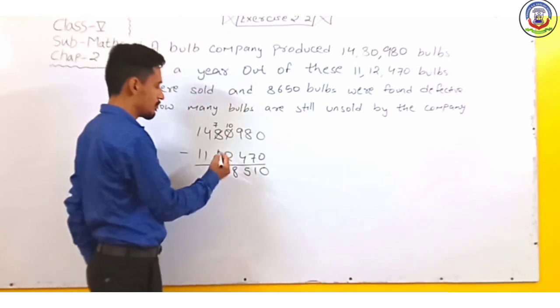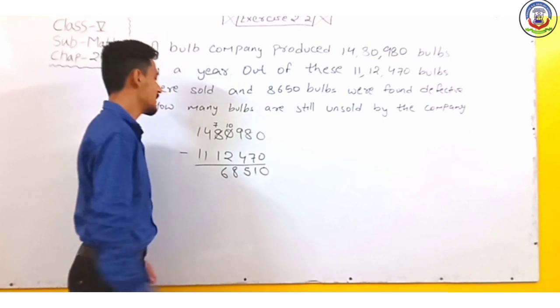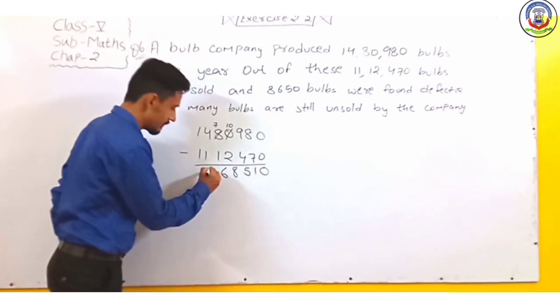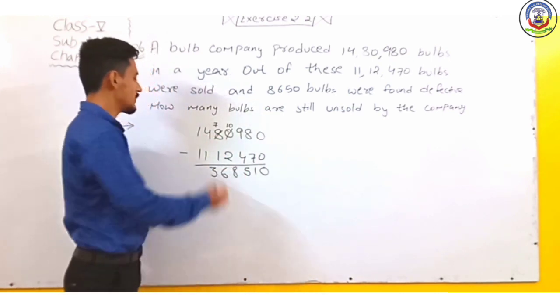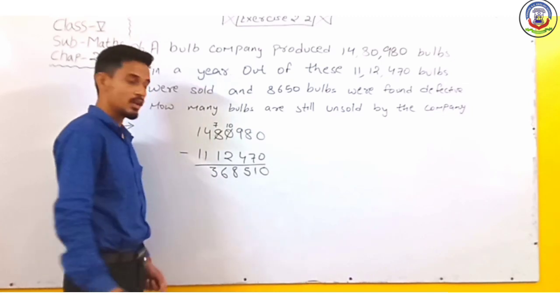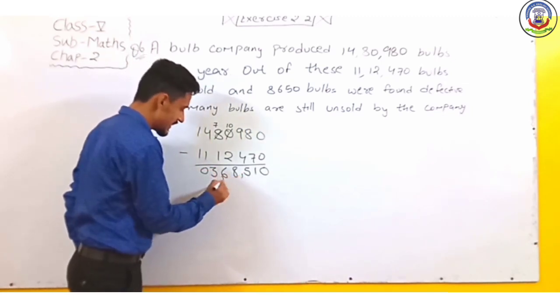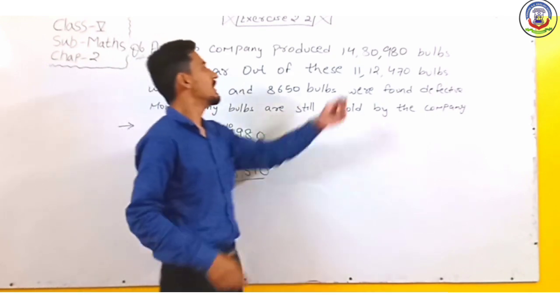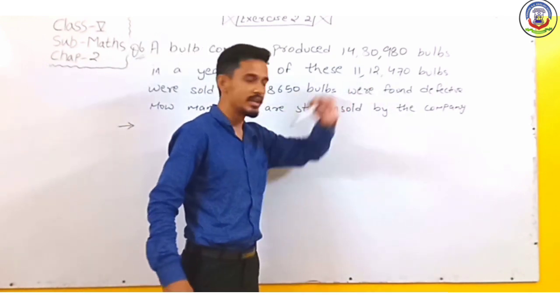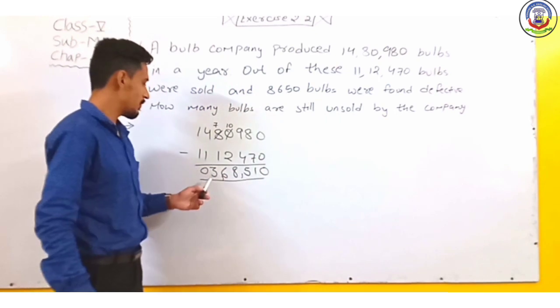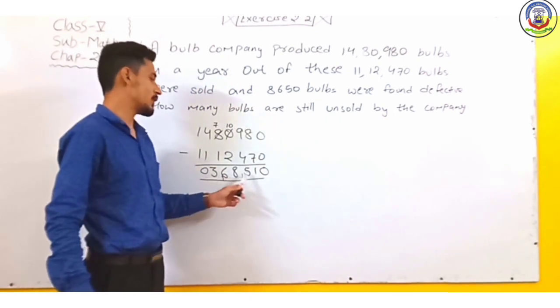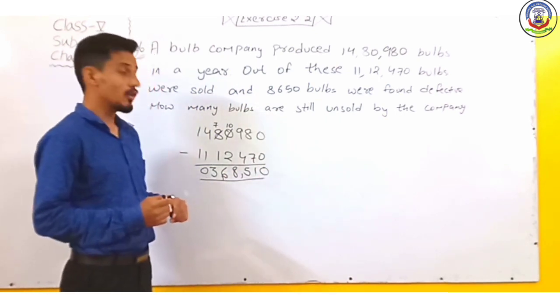Next we have 7 subtract 1, that is 6. Next we have 4 subtract 1, that is 3. Next we have 1 subtract 1, so we will write 0. So after selling 11,12,470 bulbs, we have remaining 3,68,510 bulbs.